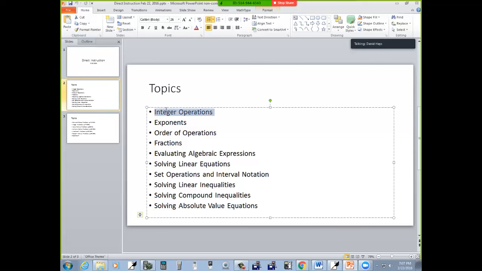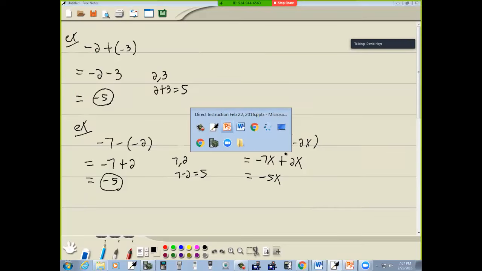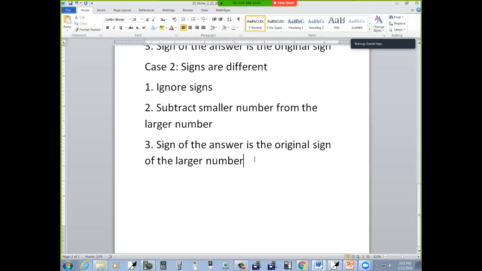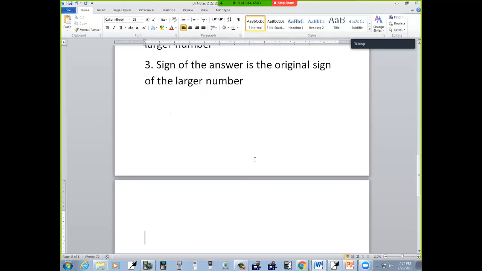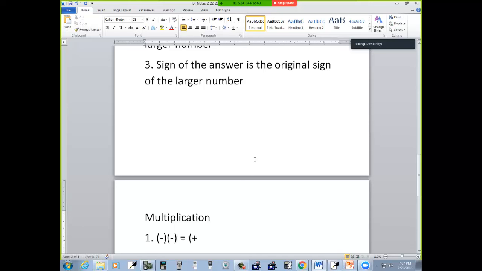Now there's more for integer operations than just combining numbers, adding and subtracting. We also got multiplication and division. So for our multiplication and division, you multiply or divide just like normal, but for multiplication, if you got a negative times a negative, that's going to give you a positive.